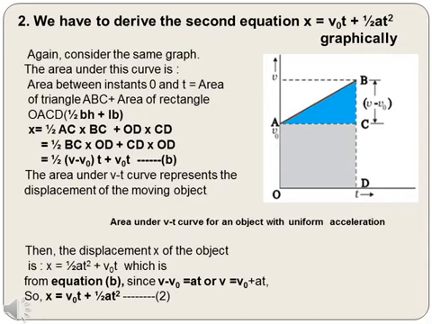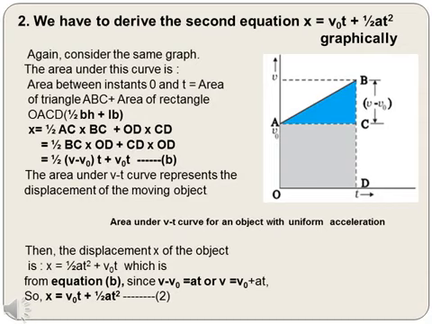Then the distance traveled by the body x is equal to 1 by 2 into AC into BC plus OD into CD, which is equal to 1 by 2 into BC into OD plus CD into OD, where BC is v minus v0, OD is t, and CD is v0, which are obtained from the graph.